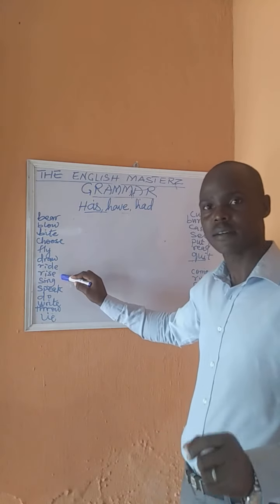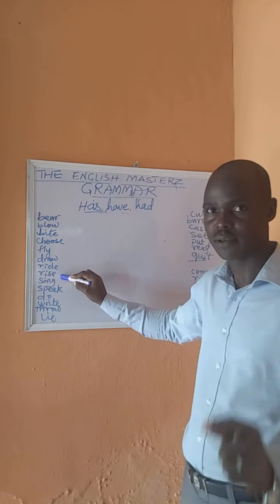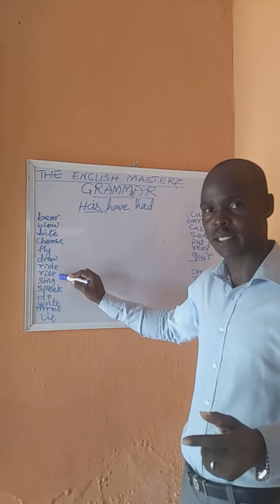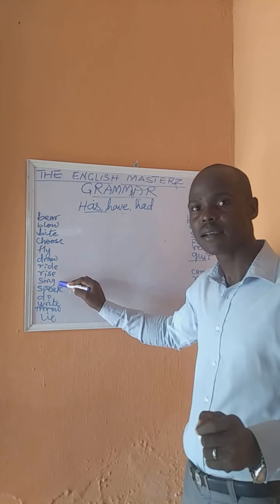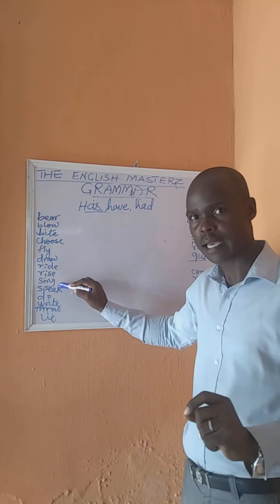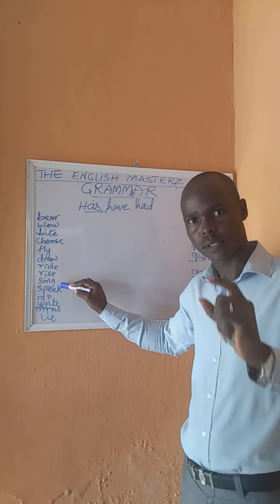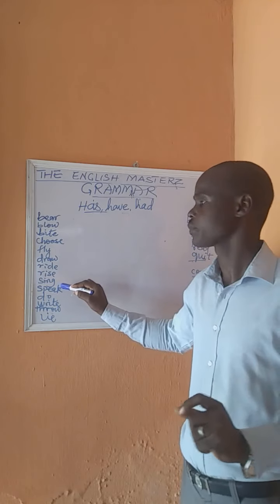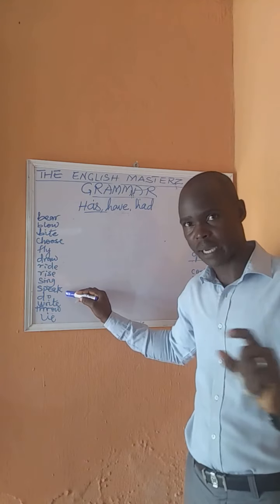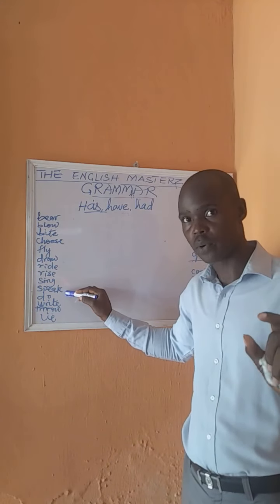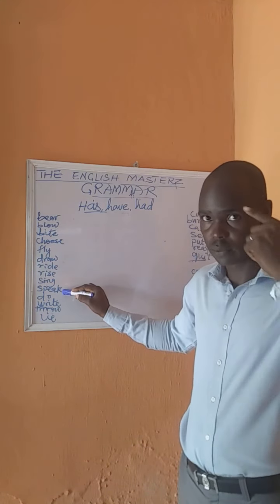Another is rise. Past tense, rose. Past participle, risen. Another is sing. Past tense, sang. Past participle, sung, S-U-N-G. Another example is speak. Simple past tense, spoke. Past participle, spoken.